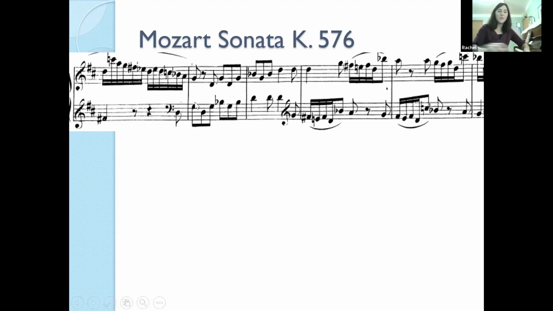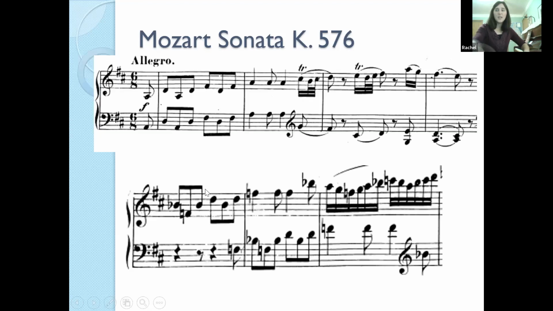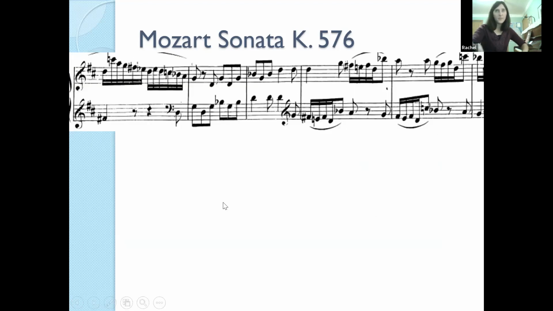And then if we look at our time interval, this is the same as the last one. The last one we had a whole measure for time interval between the start of the leader and the start of the follower. Pero dito, mayroon half measure lang.